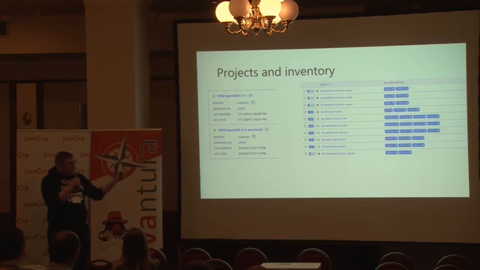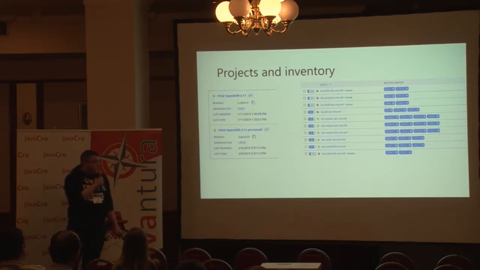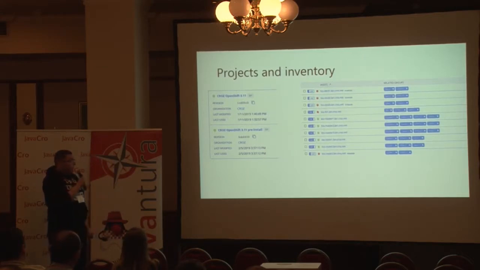Also, with the desired state, we create users that have SSH access to the machines. And the second one, OpenShift 3.11, is de facto OpenShift Ansible on GitHub that is provided by Red Hat. On the right side is what's called an inventory. Inventory is a list of all the machines with the correct groups that will be used in AWX.